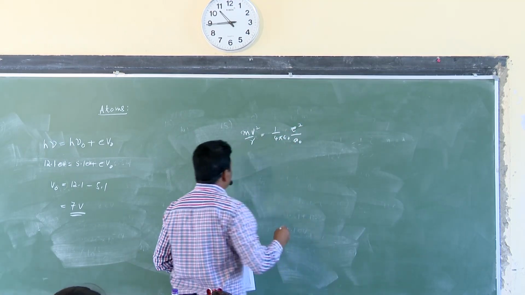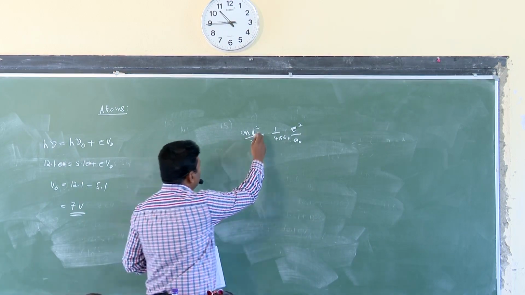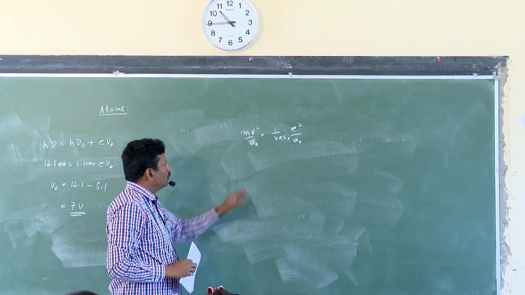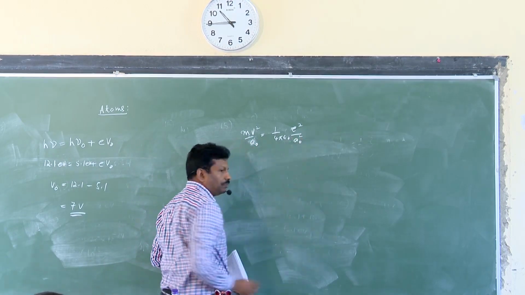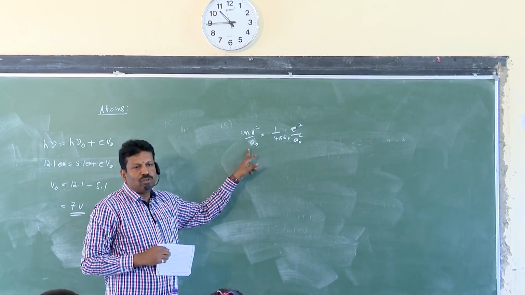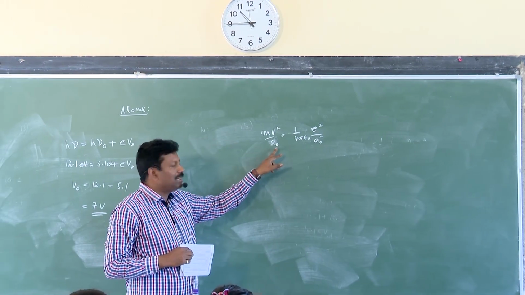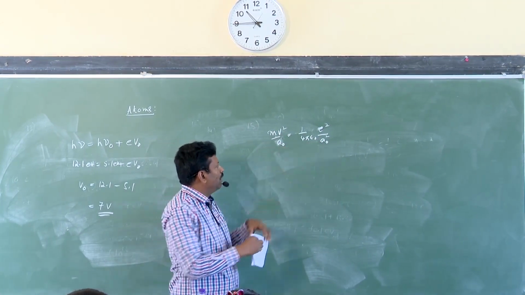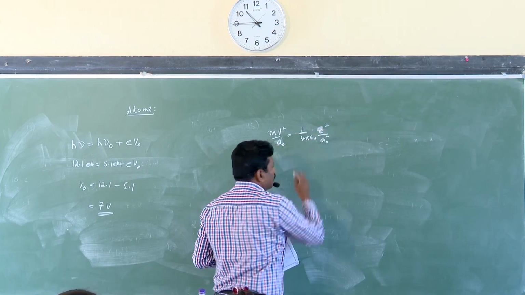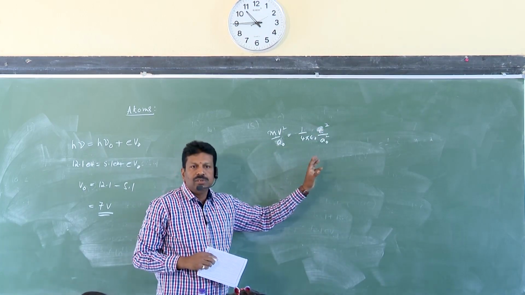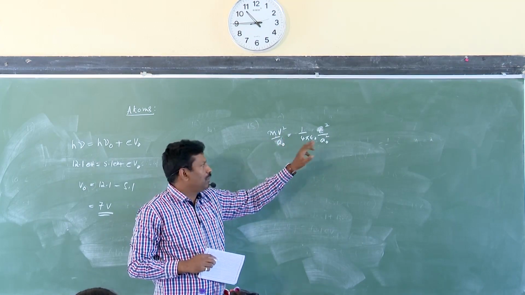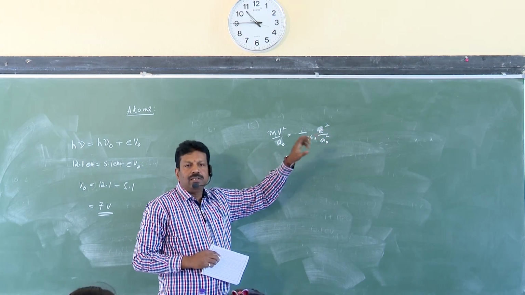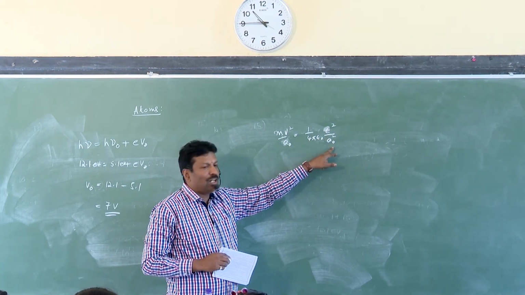Centripetal force is mv squared by r, and the radius is given as A0. So mv squared by A0 is equal to 1 by 4 pi epsilon naught e squared. This is the given charge of the proton and electron. Hydrogen atom has one proton and one electron, therefore the force is e squared. The distance between the proton and electron is the radius, A0 squared.